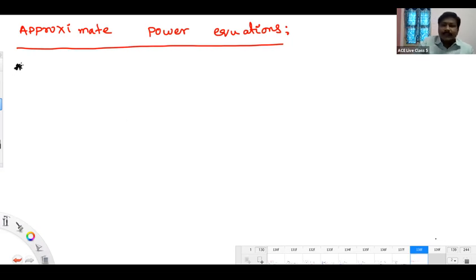Look here. Generally, for extra high voltage and ultra high voltage lines, like 220 kV, 400 kV, 765 kV, the X/R ratio is very, very large. For EHV and UHV lines the X/R ratio is very high.